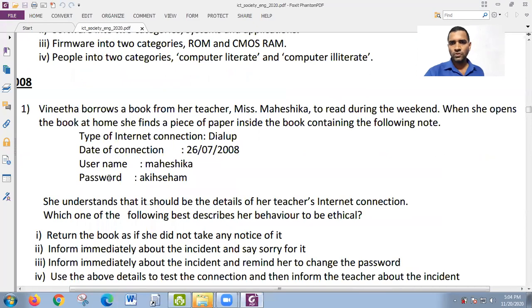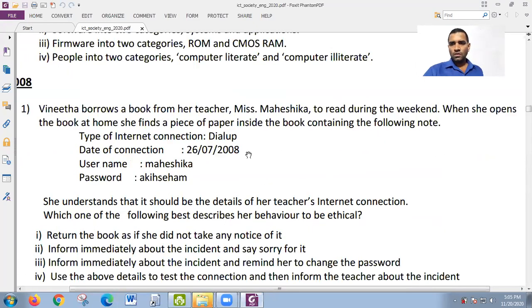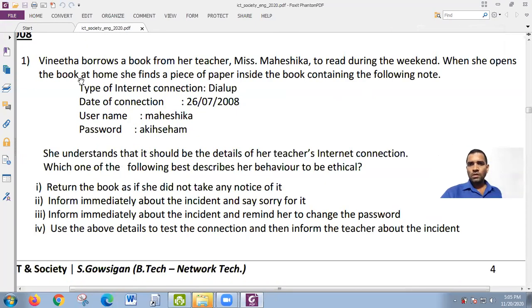Next one, 2008. Vinida borrows a book from her teacher, Miss Mageshiga, to read during the weekend.